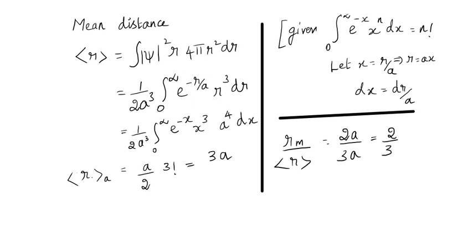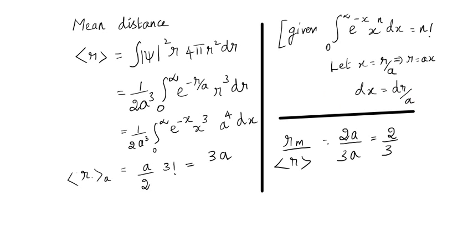So we change the variable r by a into x. Instead of r we can substitute a x, and instead of dr we can substitute a dx.